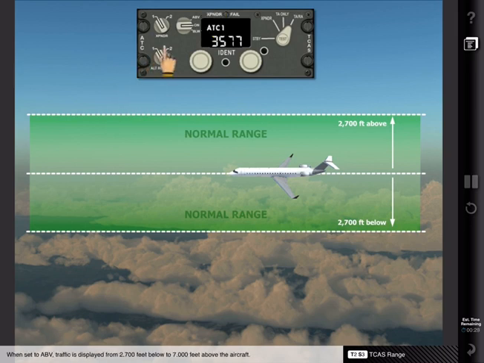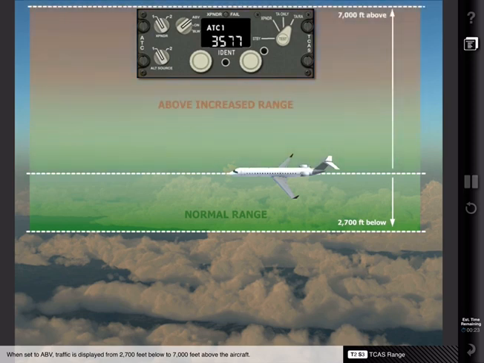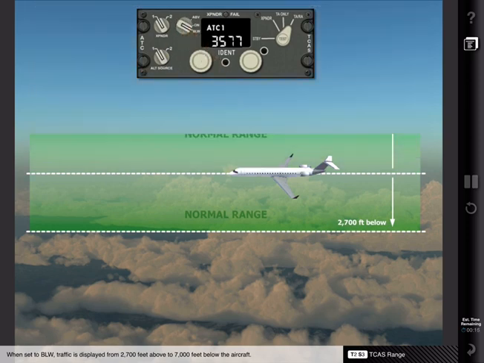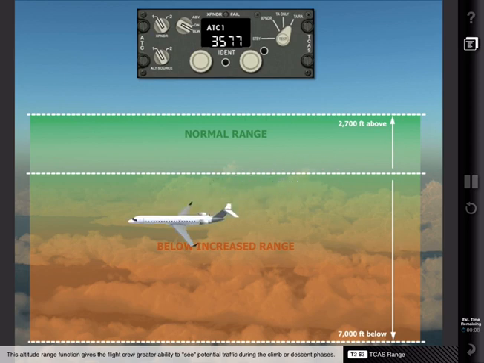When set to above, traffic is displayed from 2,700 feet below to 7,000 feet above the aircraft. When set to below, traffic is displayed from 2,700 feet above to 7,000 feet below the aircraft. This altitude range function gives the flight crew greater ability to see potential traffic during the climb or descent phases.